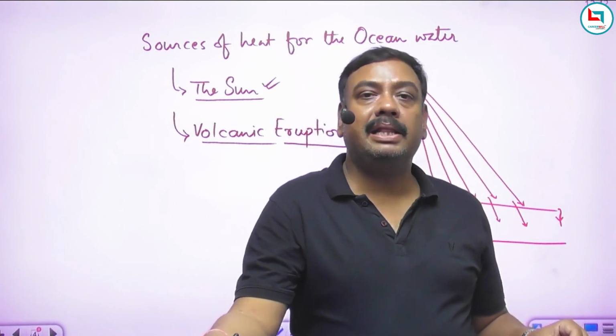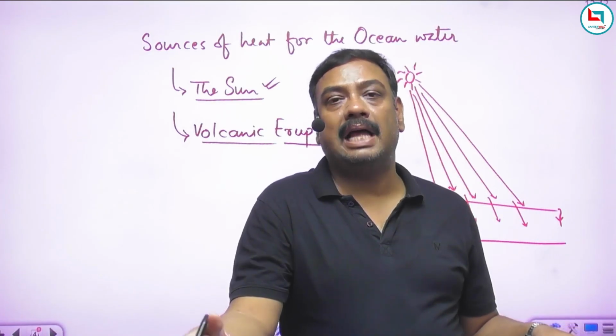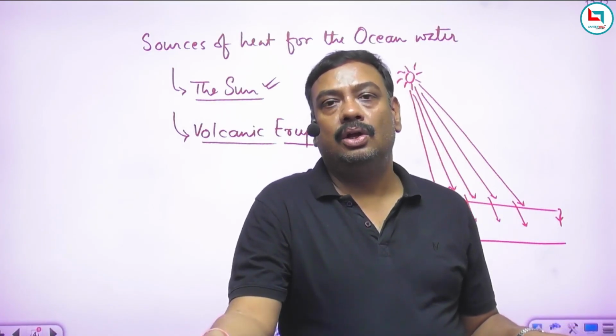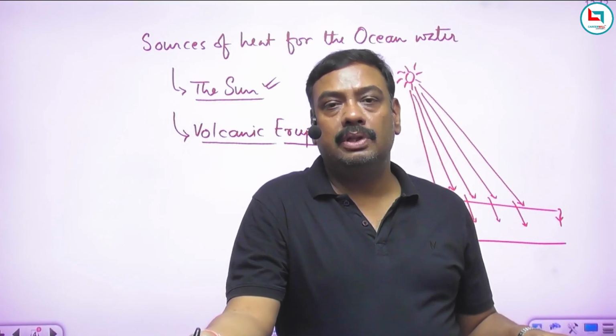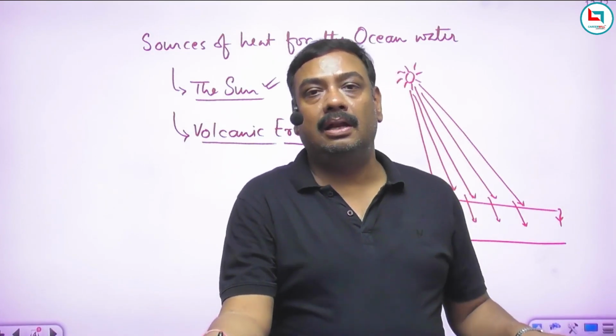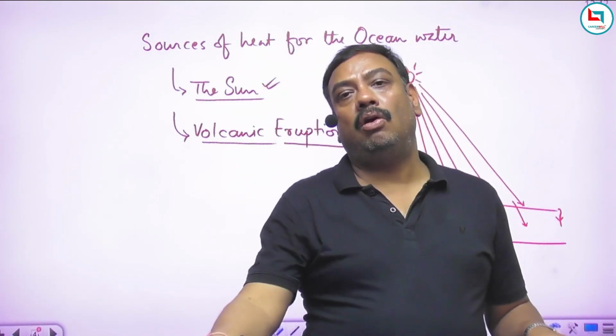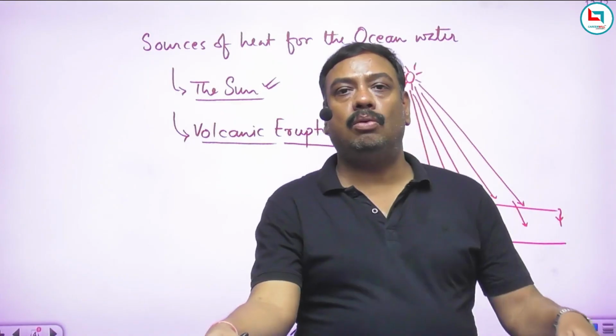If you remember, we discussed that all these relief features were formed due to the eruption or upwelling of hot magmatic material on the abyssal plain or deep sea plain of the ocean.